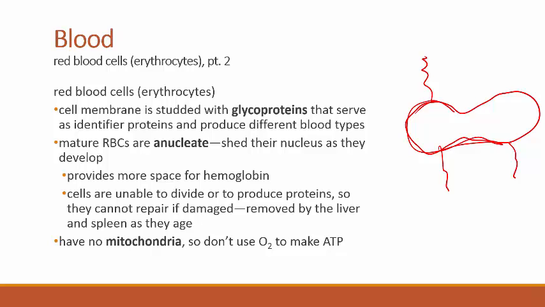So the cell membrane is studded with these proteins that hang off of it, and they serve as identifier proteins. They help to define the red blood cell as being a self cell if it's in the body. When they are mature, red blood cells don't have any nuclei. That's what anucleate means.